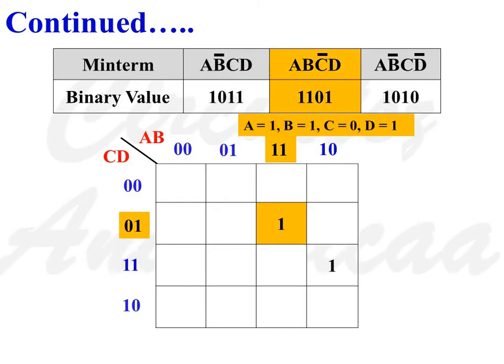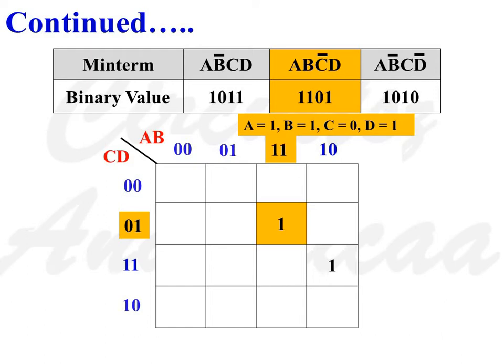Second minterm of the given expression is A B C bar D. Binary value of the minterm is 1 1 0 1. To find the binary value, if a variable appears in true form, put 1. If a variable appears in complemented form, put 0. In the minterm under consideration A B C bar D, as A, B and D are in true form, put logic 1 for the corresponding variables.